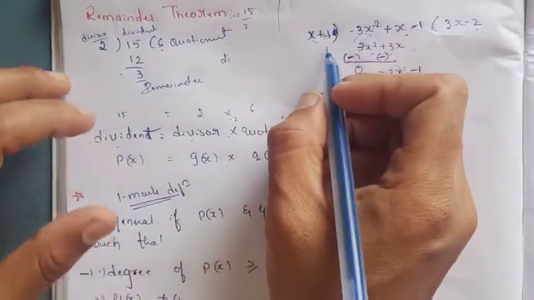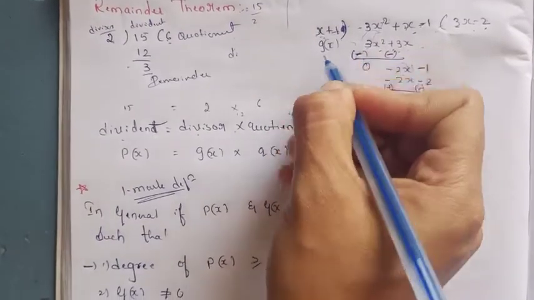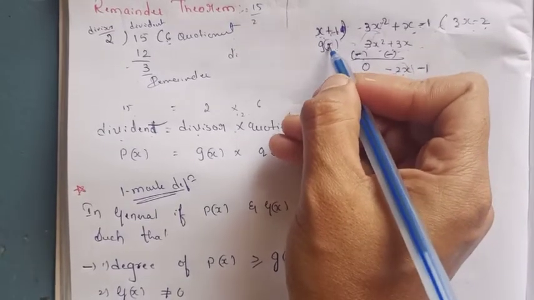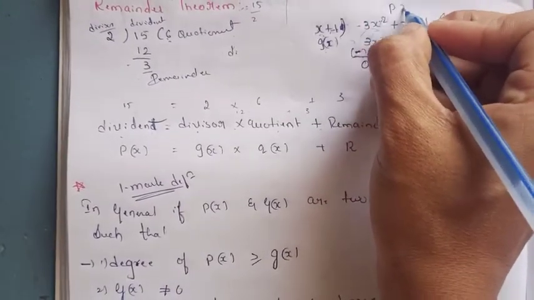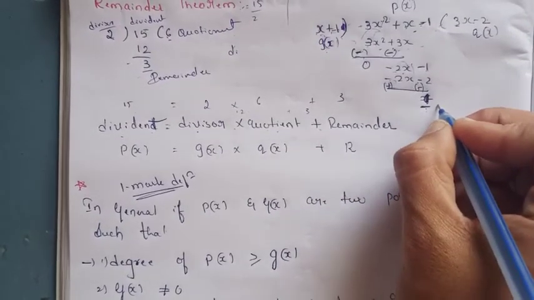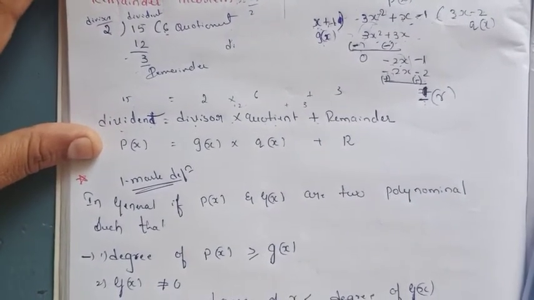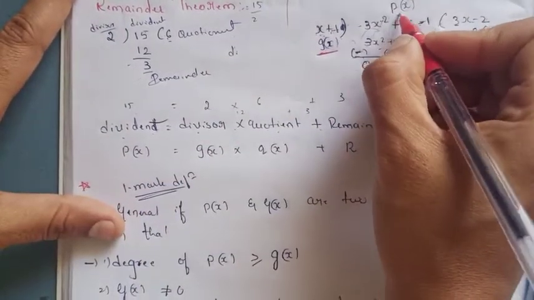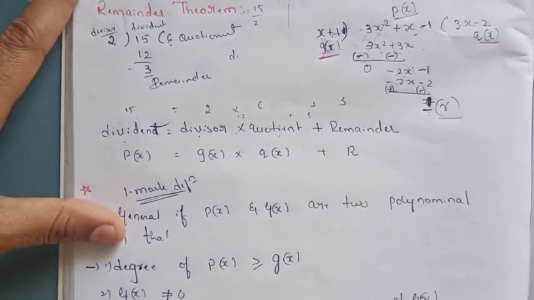In an algebraic expression, the divisor is denoted with g of x, the dividend is denoted with p of x, the quotient is denoted with q of x, and the remainder is denoted with r.